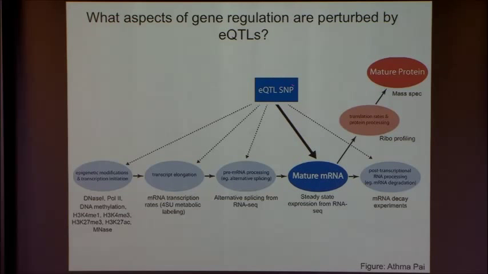And then if an EQTL acts through altering any one of these features, so for example, by altering histone marks or chromatin accessibility, then this EQTL SNP should also be a QTL for these genomic assays, and then you would see that there's an effect that gets carried on through all the stages of the mRNA life cycle from that point onwards.